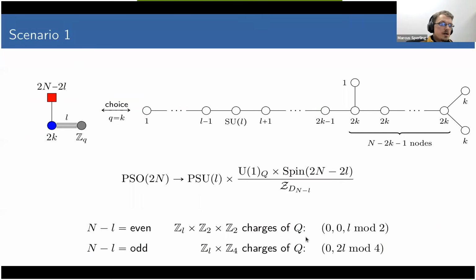But the logic is very much the same. So you have two choices. Either the SU node is in front of the flavor symmetry. Then you would get a global symmetry, which has an SU factor, a Spin factor and a U(1), and then the centers act. But the way the centers act, you can either deduce by computing it, or you can again just look at the Quiver. You see the balanced set here for the SU is not interacting with the unbalanced U(1).